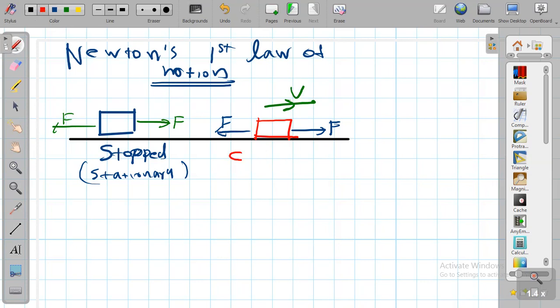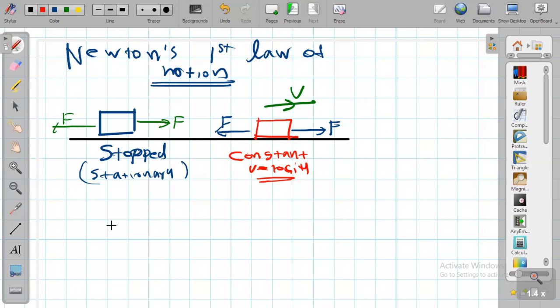This is called constant velocity. Copy these two diagrams. This is what it is all about, Newton's first law.